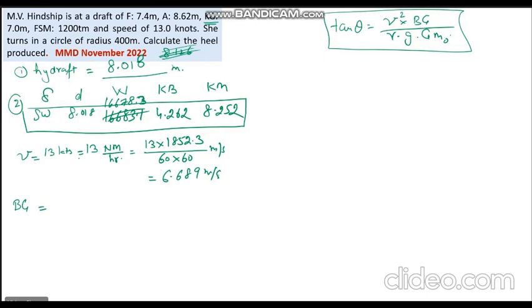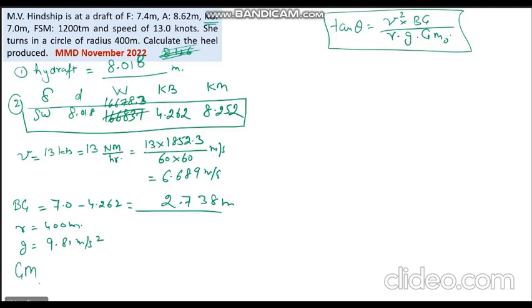KB and KG. KG is 7 meters. KB is 4.262. And this gives us BG, that is 2.738. Correct? Radius of turn is given in the question as 400 meters. G, we know on the surface of Earth, is 9.81 meters per second square.